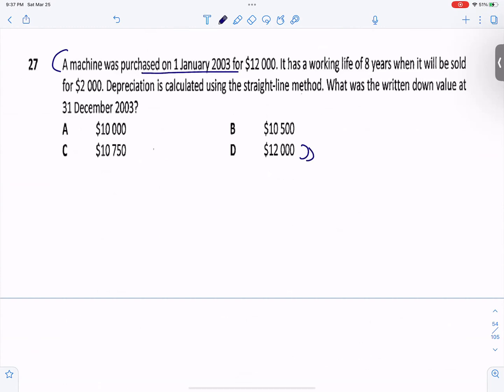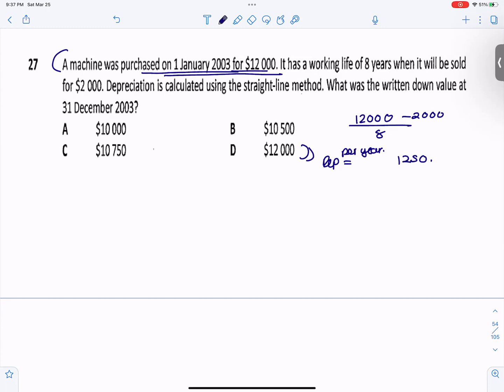A machine was purchased on 1st January 2003 for 12,000. It had a working life of 8 years, and when it was sold, it would be sold for 2,000. What is the depreciation per year? So 12,000 minus 2,000 divided by 8, 1,250.